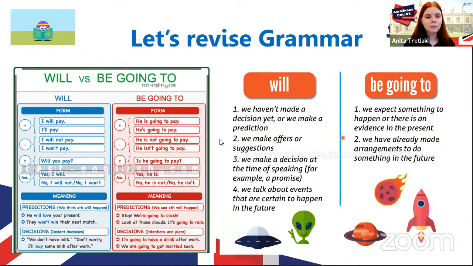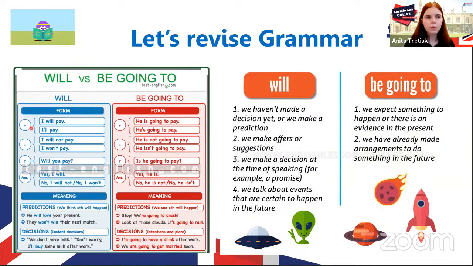And now it's time for us to look closer at the forms of will and be going to. As usual, we're talking about affirmative, negative, and interrogative or question form, or in other words, positive, negative, and questions.